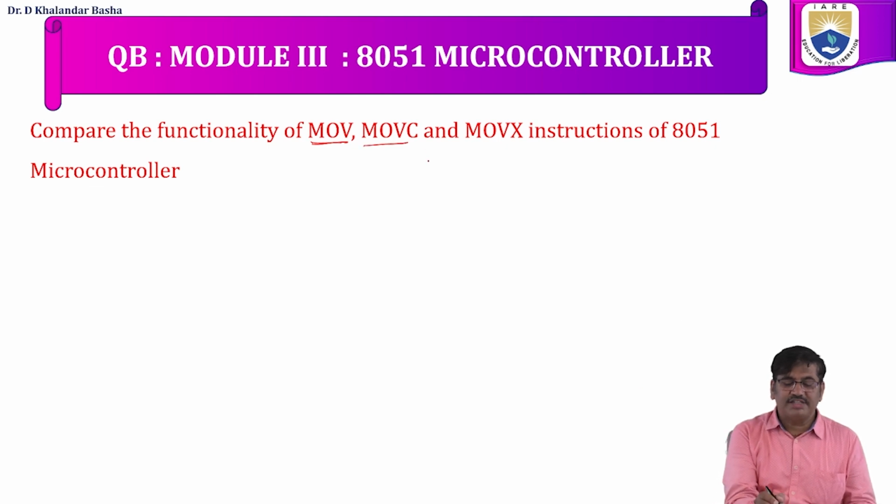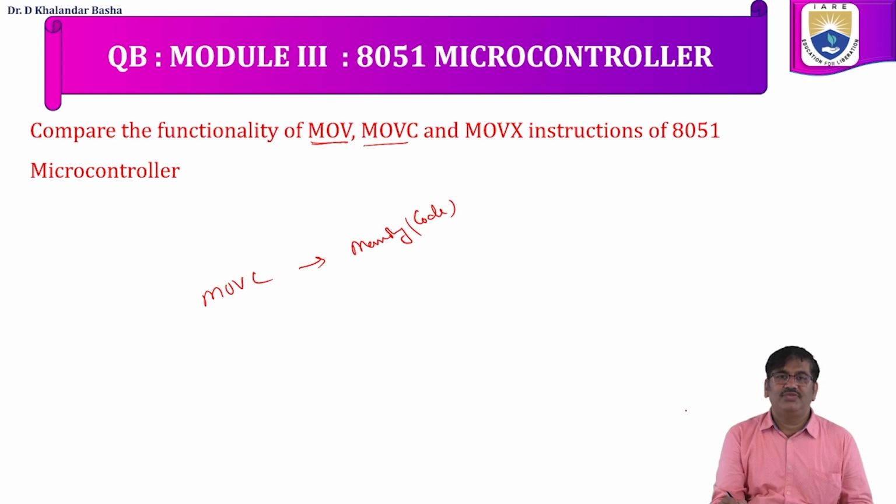Whereas MOVC corresponds to the data being moved to memory, and that memory is related to code memory. So if you want to access data from code memory, we are going to use the instruction MOVC. Similarly, for fetching the instructions, we use the MOVC instruction.